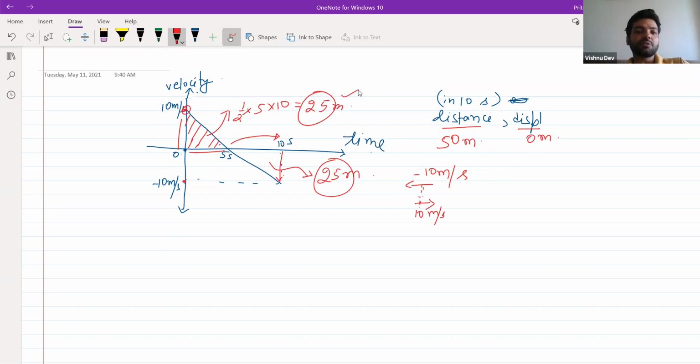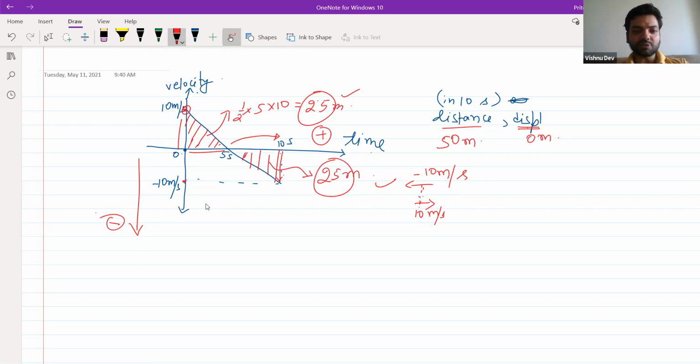In short, just looking at the areas, we add these areas to get distance and subtract the areas to get displacement. You only subtract the area lying on the negative side. In maths, in coordinate geometry, you have seen this is the negative side of y. Whatever area is in this direction, we will subtract that.